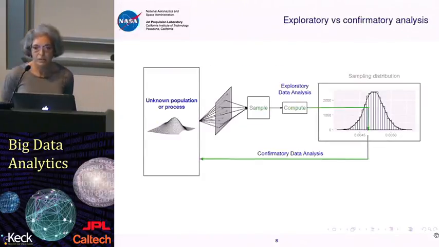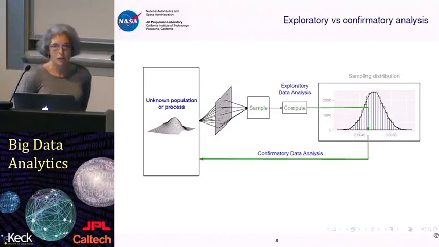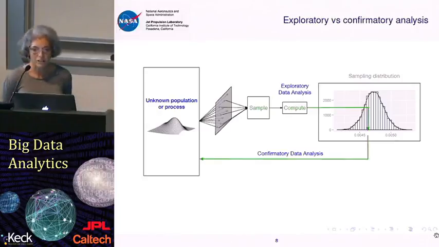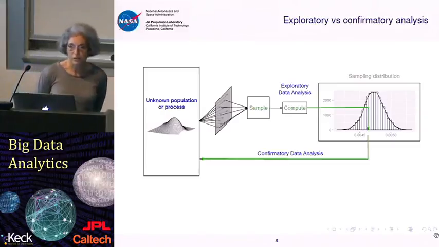Let me now say something about exploratory versus confirmatory analysis, because I'd like to distinguish between this module and some of the other modules that you might have heard, particularly from my machine learning colleagues. You may have heard the terminology exploratory versus confirmatory analysis.